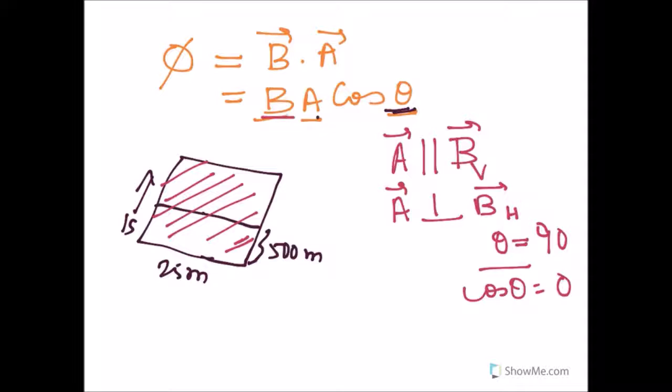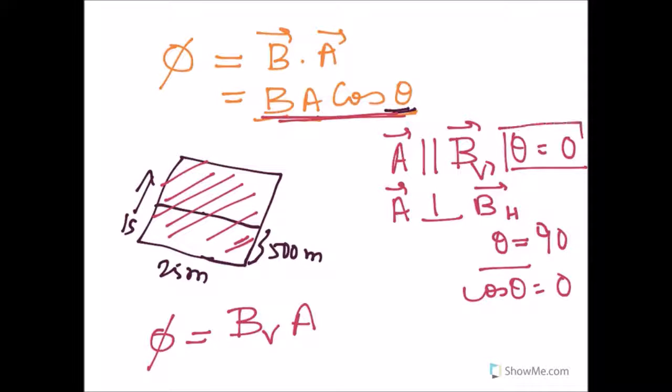So we realize that the flux through the loop is due to the vertical component of the magnetic field, that is BV A, as theta is equal to 0 for the vertical component of the magnetic field, and cos theta becomes equal to 1.